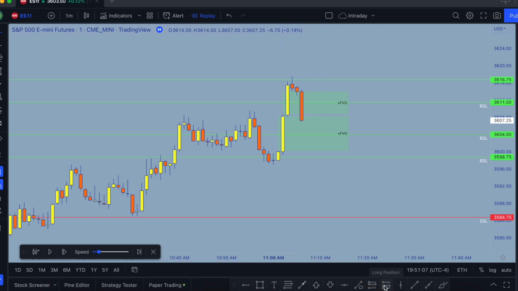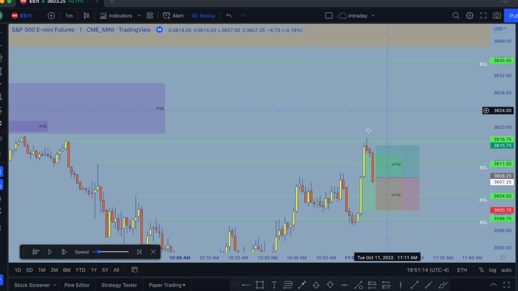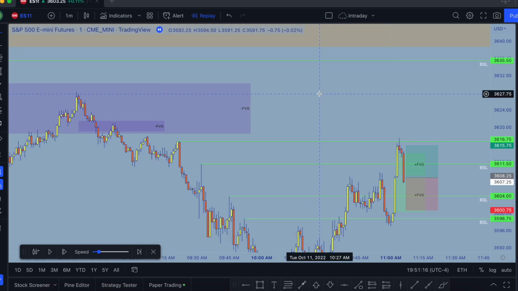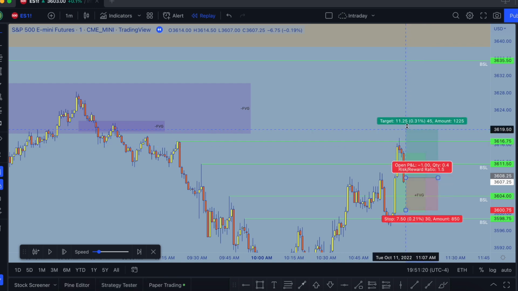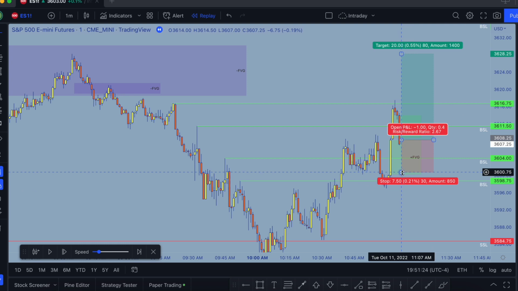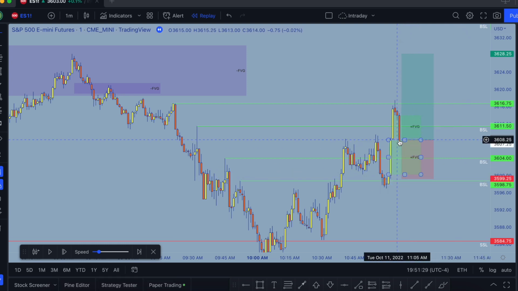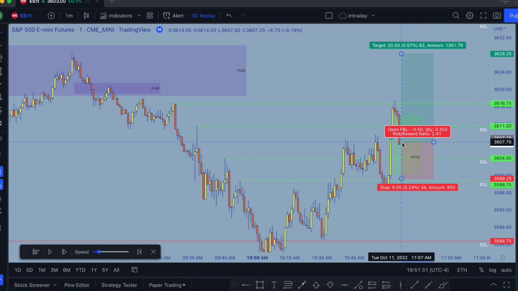So I went long here. And my target were these relative equal highs above. So 20-point target, and my stop was around 9 points, give or take. I think my entry was 3607.50.